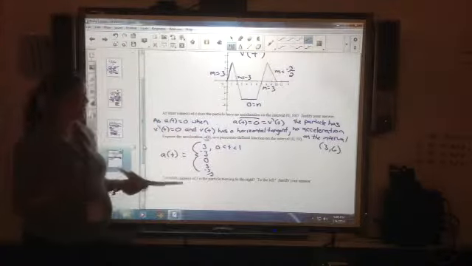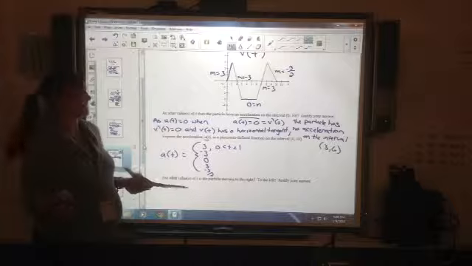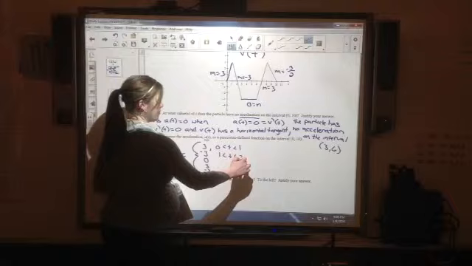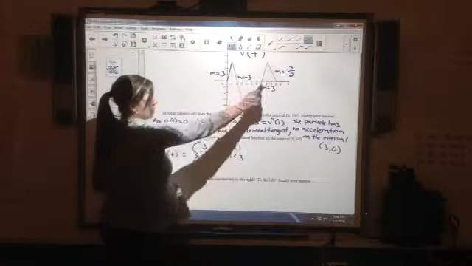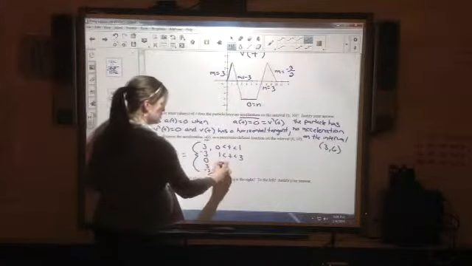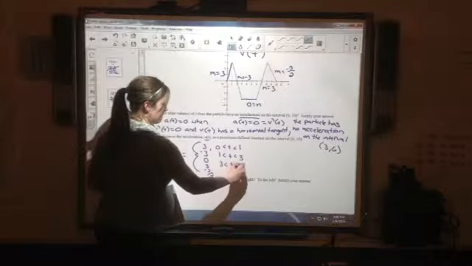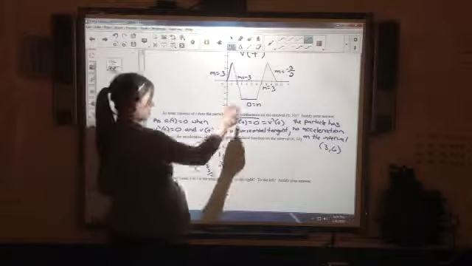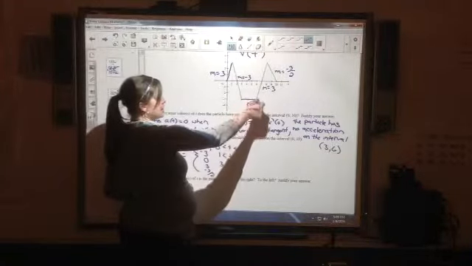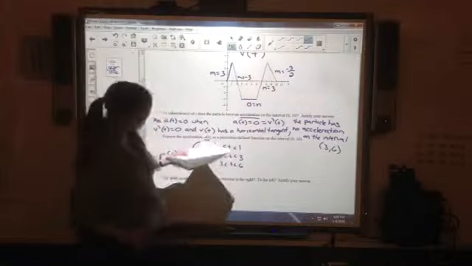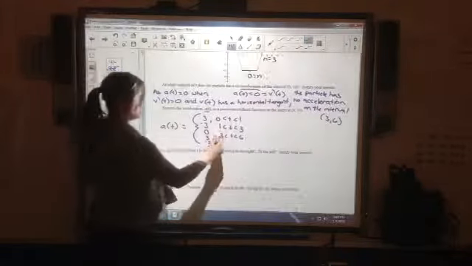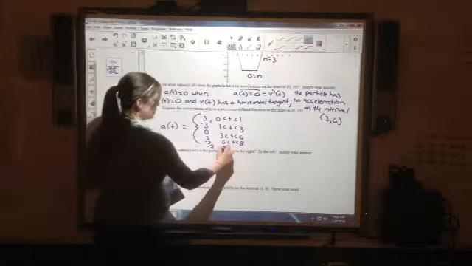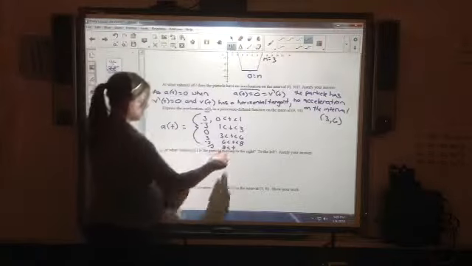And again, I'm not including anything because the derivative doesn't exist at 1. And then I'm going to go from 1 to 3, then 3 to 6, then 6 to, I believe that's 8. Yep, 6 to 8. And then the last one is going to be 8 to 10.